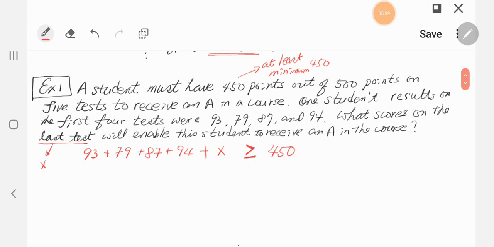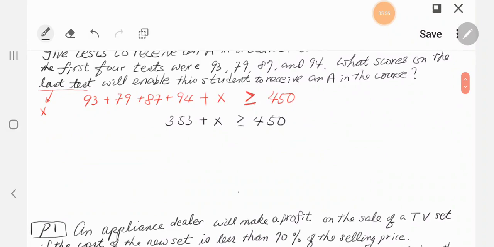All right, then let's solve this. Add up all these four tests, and that is 353. So 353 plus x is greater than or equal to 450. In order to find x, let's subtract. When we subtract, we don't change the symbol.